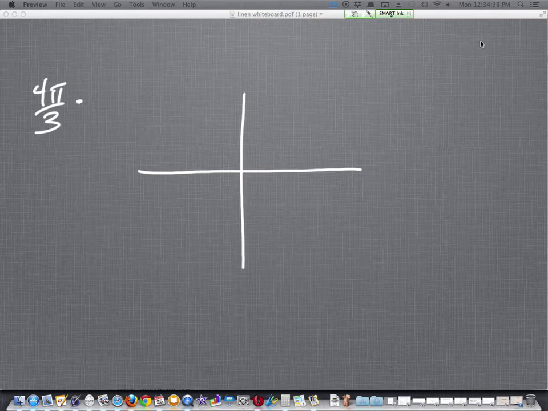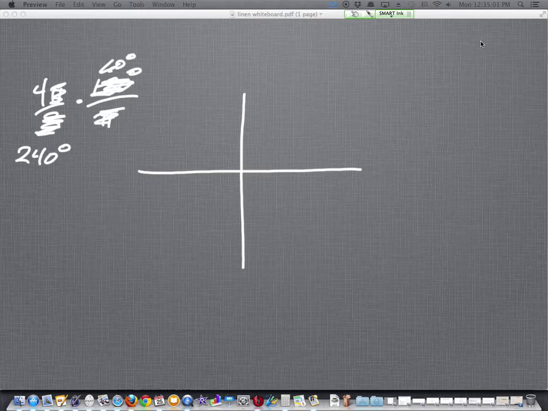By multiplying it by 180 over pi. So my pi's cancel out, and divide by 3, and that gives me 60. So that means we're dealing with 240 degrees. So 4 pi over 3 is the same thing as 240 degrees.